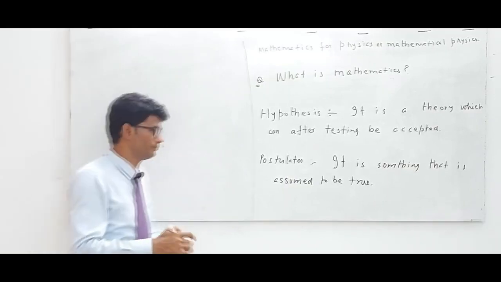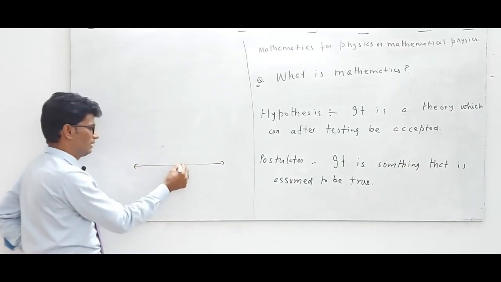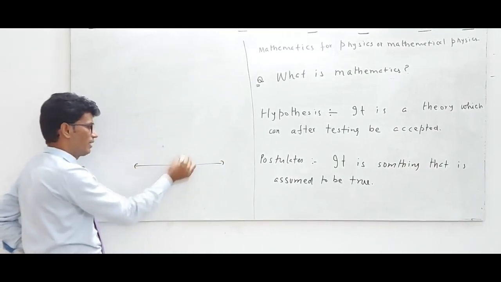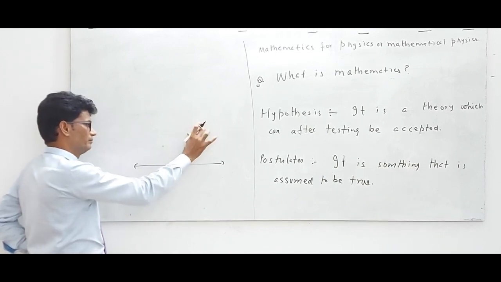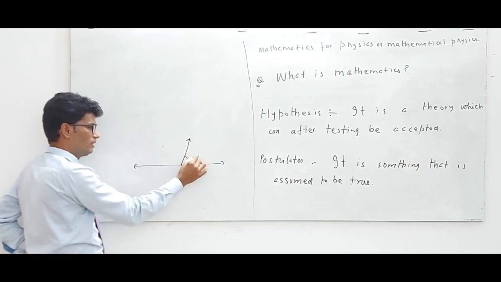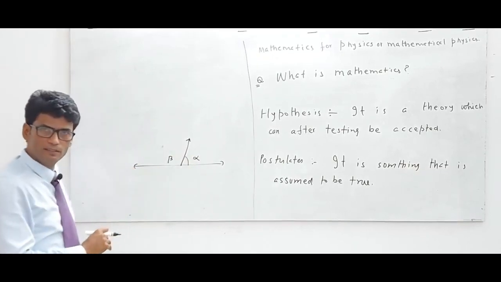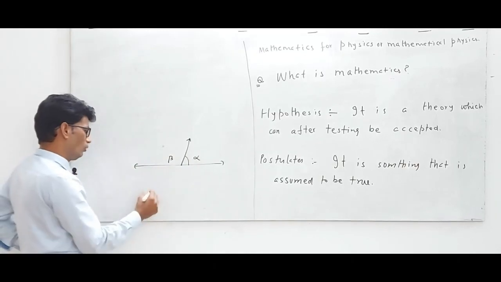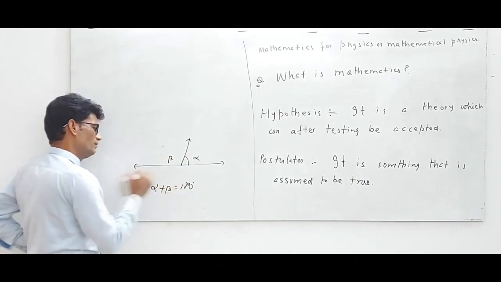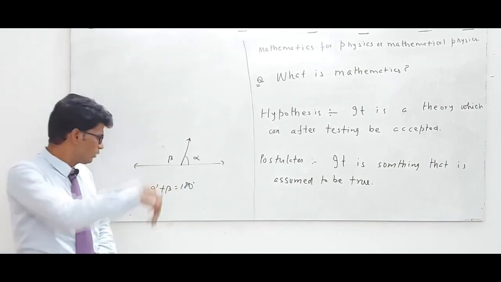Like, look at here. Suppose this is a line, and at one point on the line there is a ray. So obviously, two angles have been formed, say alpha and beta, and we all know alpha plus beta is equal to 180 degrees. Why is it 180 degrees?